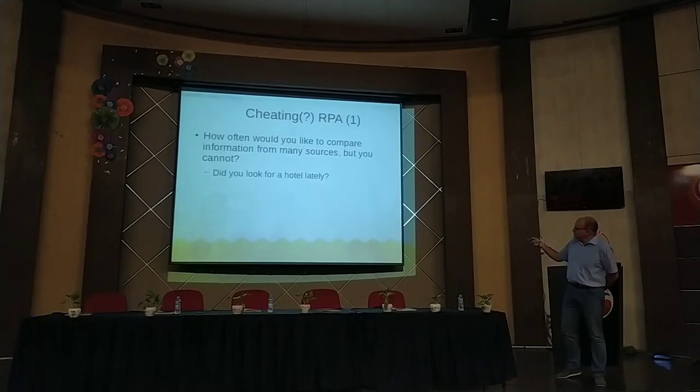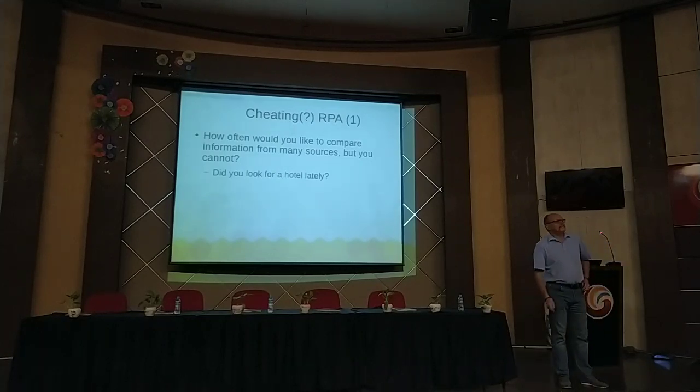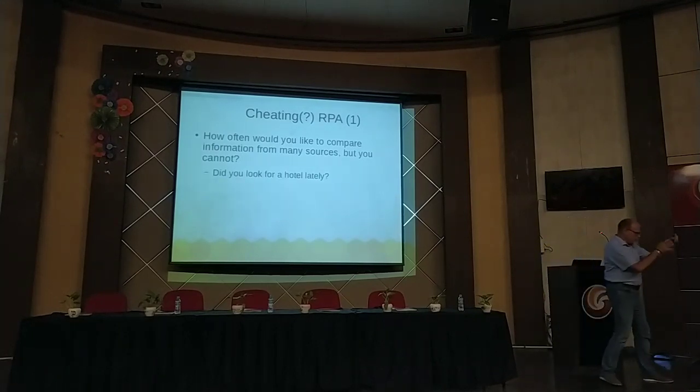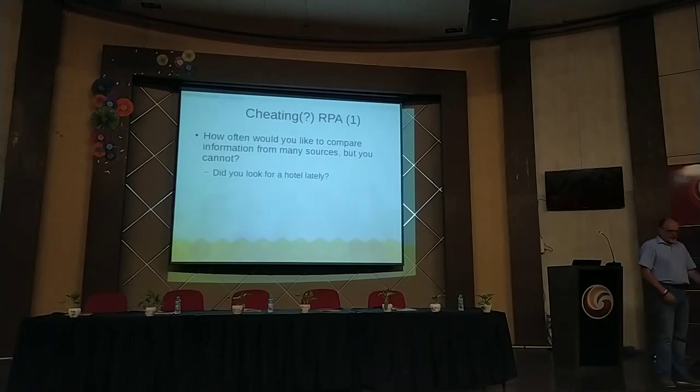But here, did you look for a hotel lately? It's probably more for the seniors here. Okay, so you go to booking.com. You have to check all the filters. Date. Then the filters, what you like, what your preferences are, breakfast, no breakfast, pool, no pool, whatever.